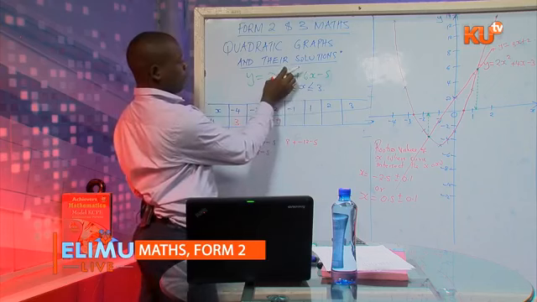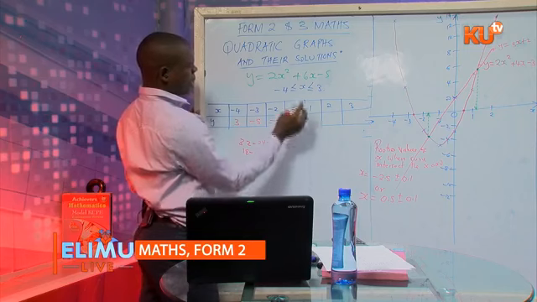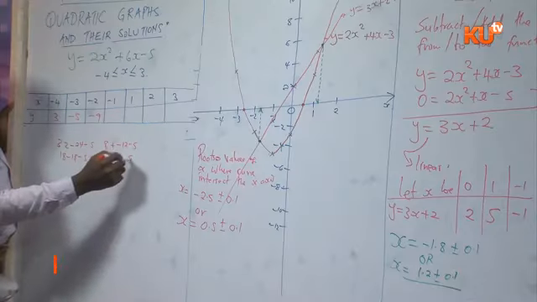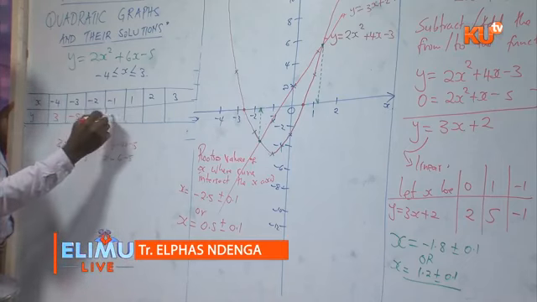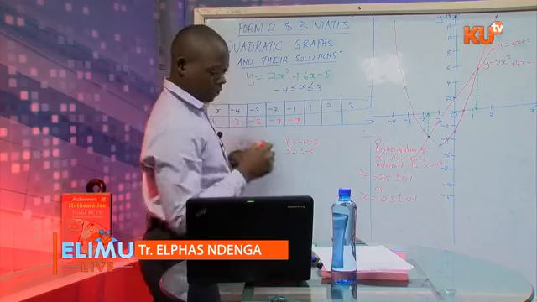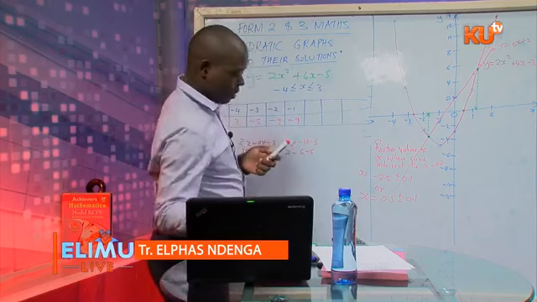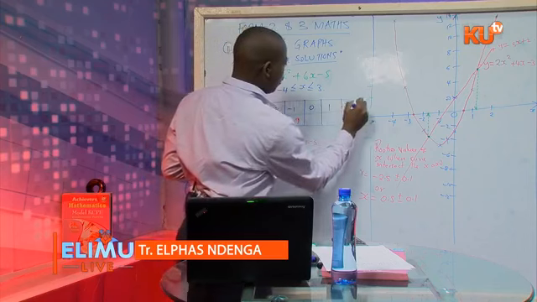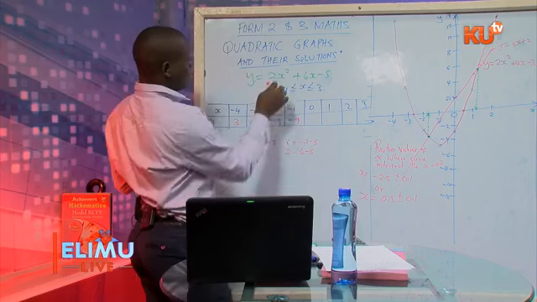Negative 1 squared gives you 1 times 2, that is 2. We add 6 times negative 1, negative 6, then minus 5. And this gives you negative 9. Sorry, we've skipped 0. We can't do without 0 because it's part of the values. So from negative 1, 0, 1, then 2 to 3. When it is 0, we replace here.